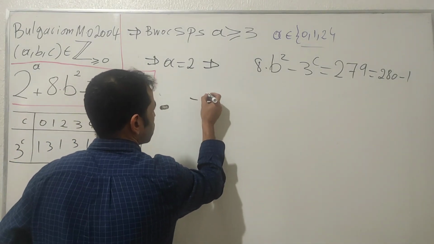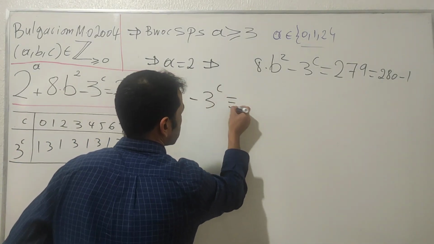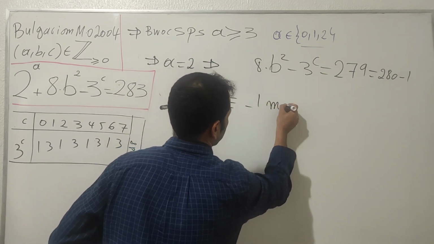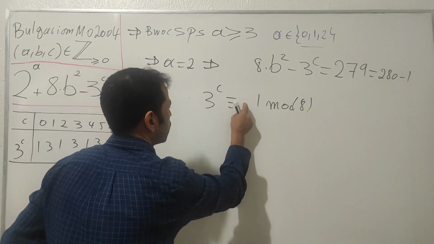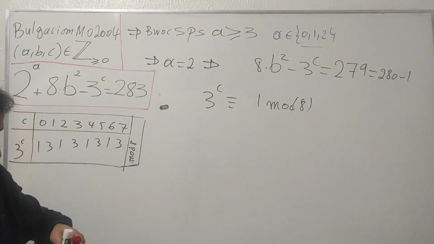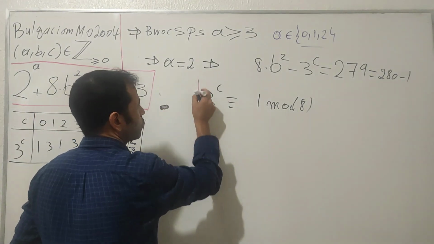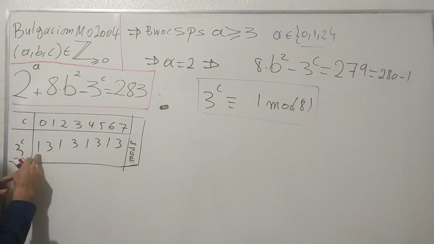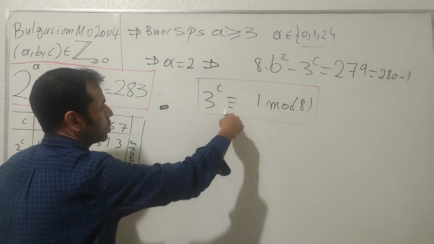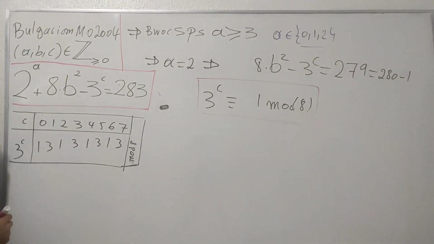I will be left with minus 3 to the c is congruent to minus 1 mod 8. Cancelling the minus sign from left and right, it shows we have a solution for this equation, because we got a remainder of 1.